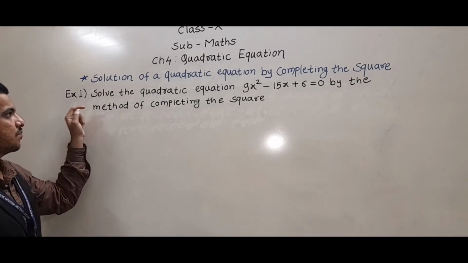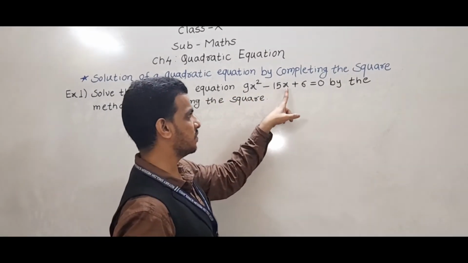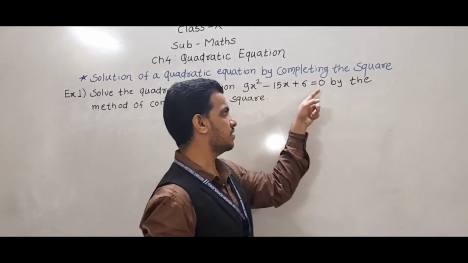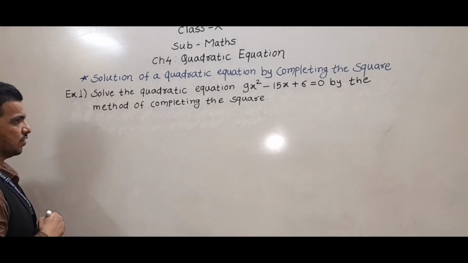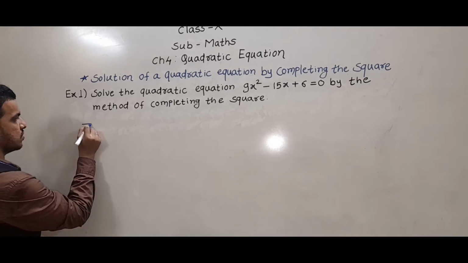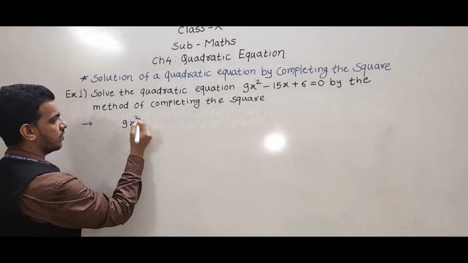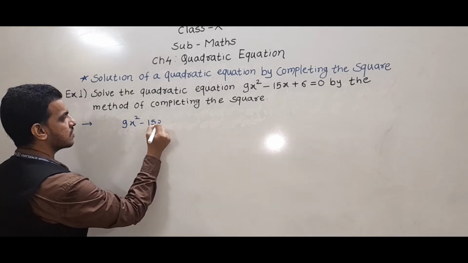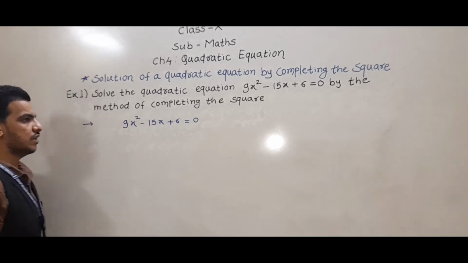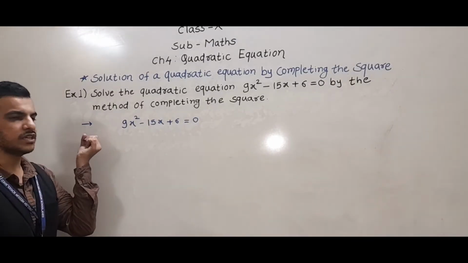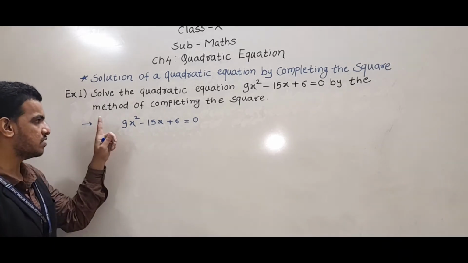First example: solve the quadratic equation 9x square minus 15x plus 6 is equal to 0 by the method of completing the square. First write this quadratic equation, that is 9x square minus 15x plus 6 is equal to 0. Then we have to make the coefficient of x square unity, unity means 1.